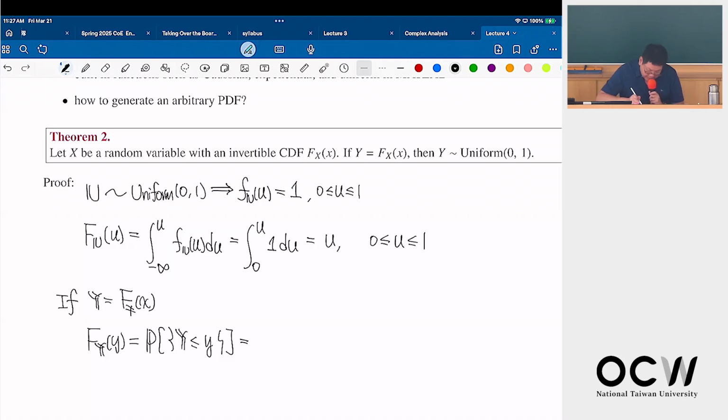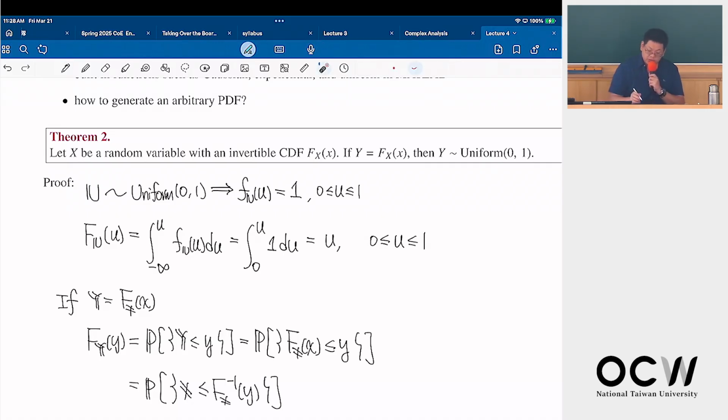That is the probability of your CDF of x less than or equal to y. Which means my random variable x is less than or equal to the inverse CDF of x at y.